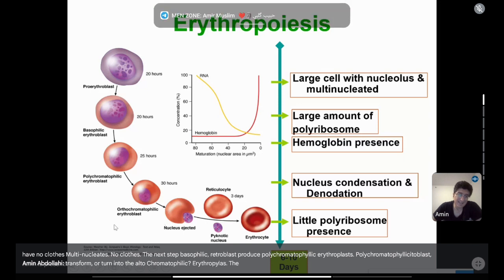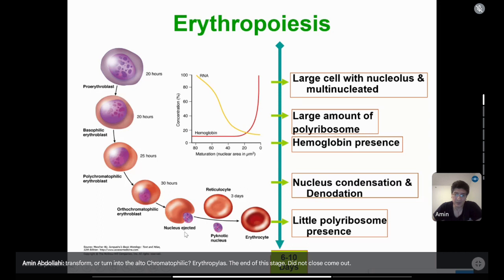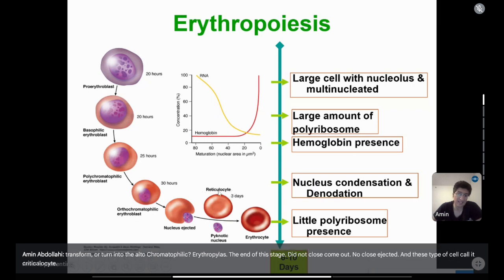At the end of this stage, the nucleus is ejected, and this type of cell is called a reticulocyte. Here the cyte is a mature type of cell, the same as fibrocyte, chondrocyte, and osteocyte.